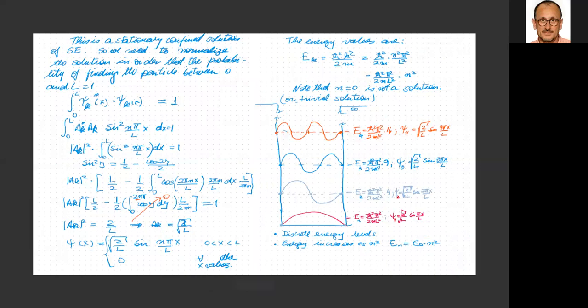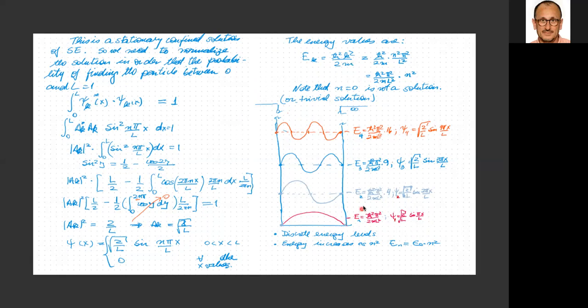So we can see here how they look when we start to change the value of n. The first one is simply a half sine between here and here. So when x is equal to L, the argument of the sine function only changes in pi.